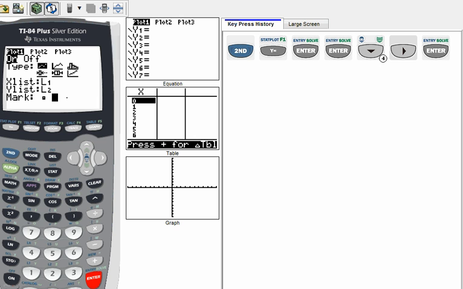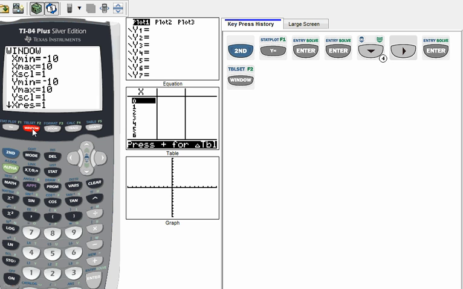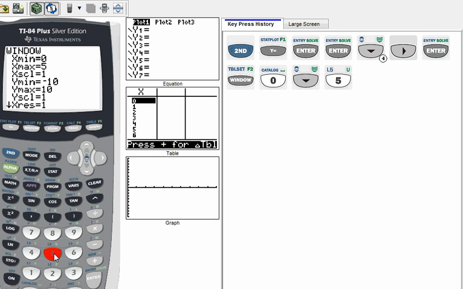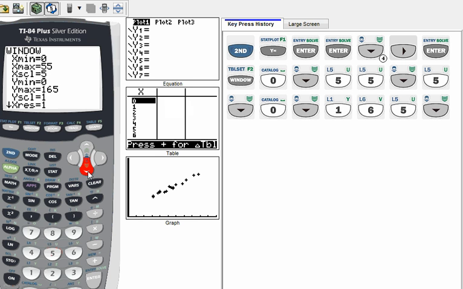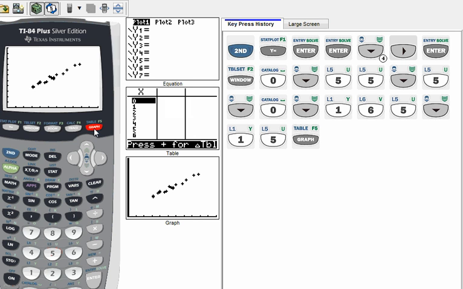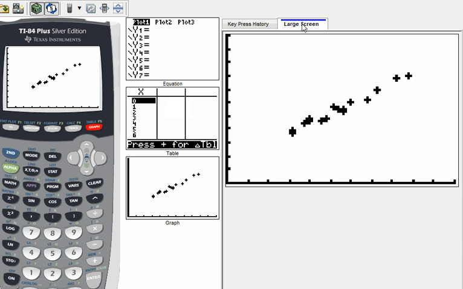So we're going to press window now. And we're going to go from 0 to 55, and my scale is 5. And then my y is going to go from 0 to 165, and my scale is 15. Then I'm going to press graph. And let me put the large screen so you can see it. It should look a lot like the one you have in your packet, and it does.